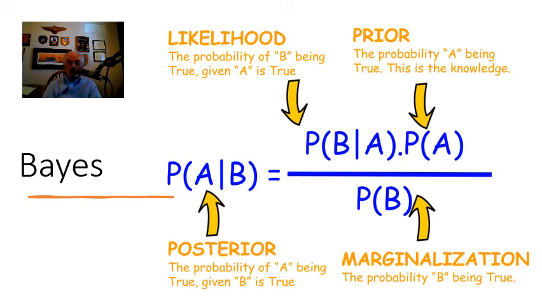The prior, which is the probability of A being true, this is the prior knowledge. And on the bottom, it says the probability that B is true as a standalone piece of knowledge.